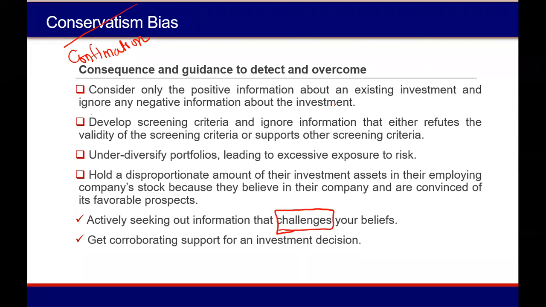Obviously your good information is with you, but as you tend to ignore the negative information, you need to ask for information which challenges your belief. And you also need to make some corroborating support. What does it mean? It means that, say, based on price to earnings ratio, you have selected a particular stock. What stock should I mention? For example, you have selected JMI. Yes, sir.